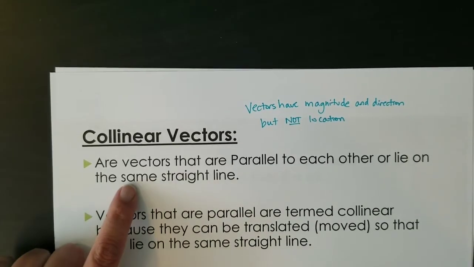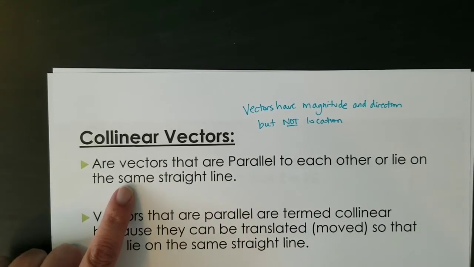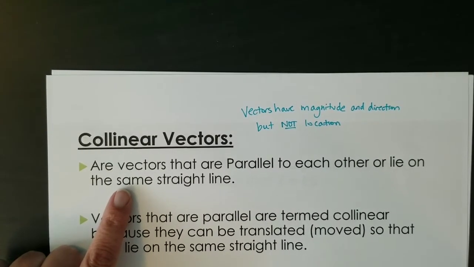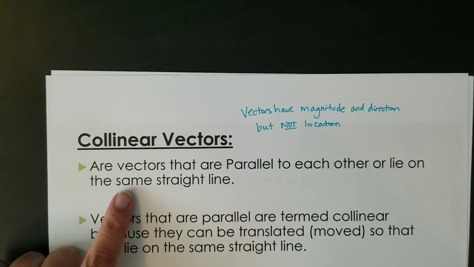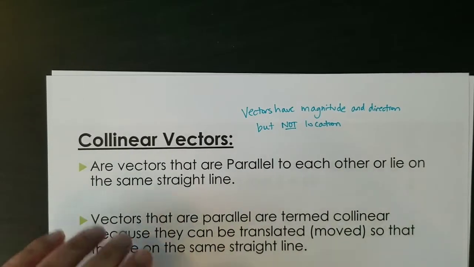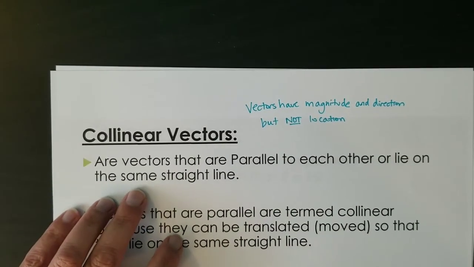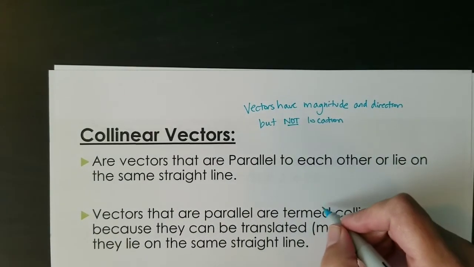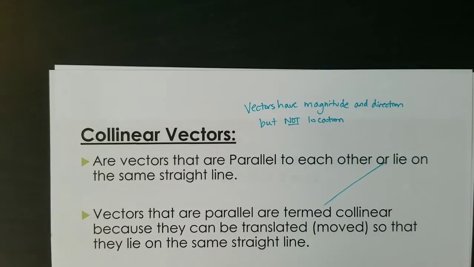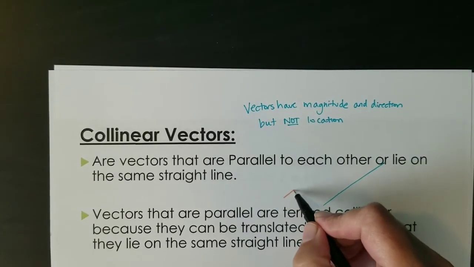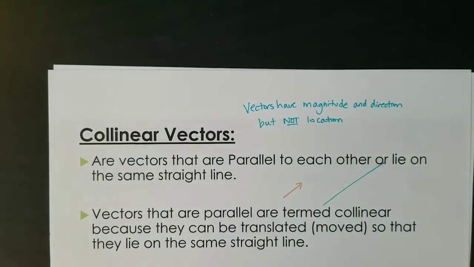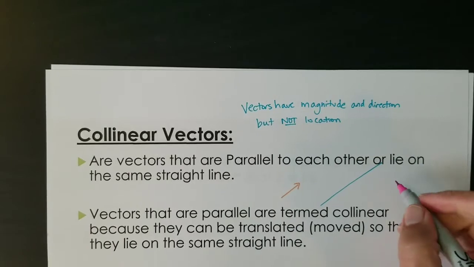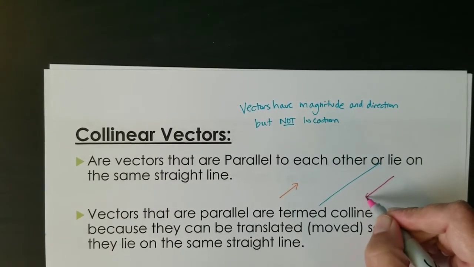So any vectors that are parallel to each other could also lie on the same line. It's not like in geometry or in looking at functions where you might have two lines that were parallel but they're not equal. If vectors are parallel, then you can say that they lie on the same line, because you could take, let's say this line here, I could have one vector over here and one vector, a different magnitude, maybe different direction over there.